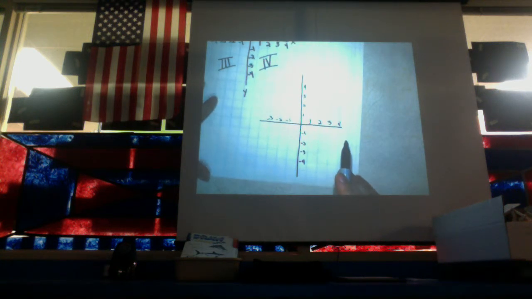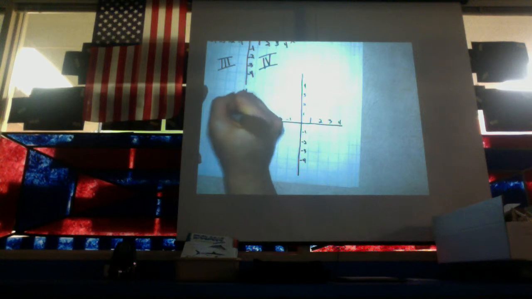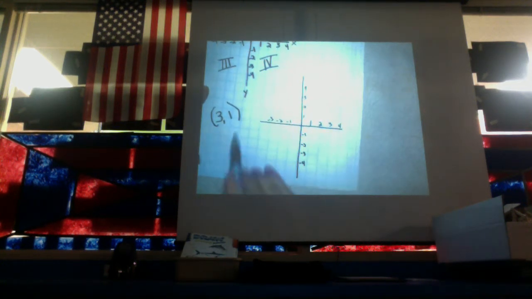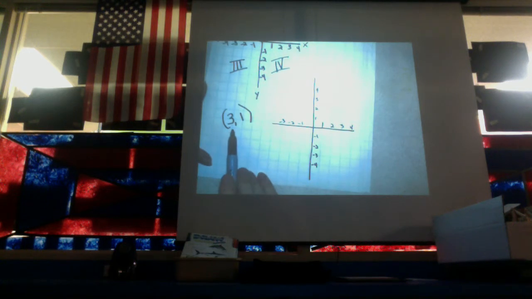They'll give you a point. These are coordinates. Basically, it's 2 numbers that we plot on here that represent a point. A point is 1 dot on this coordinate plane. So we've got two numbers: 3 and 1.